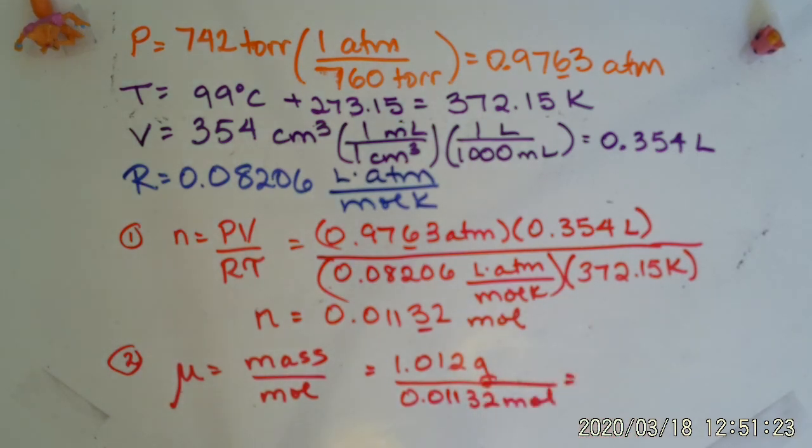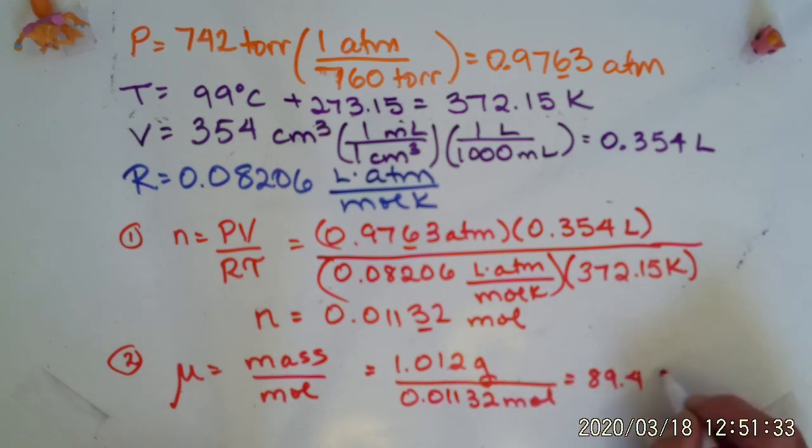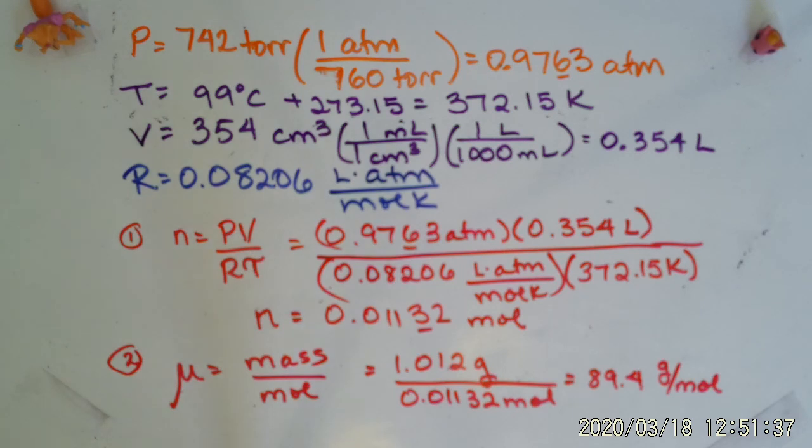So we get 1.012 divided by 0.01132, and I get something like 89.4 grams per mole. So for an unknown gas, like what we're going to do in experiment 13, this is how you would approach calculating the molar mass of a gas. All right, thank you, and we'll move on to the next section.